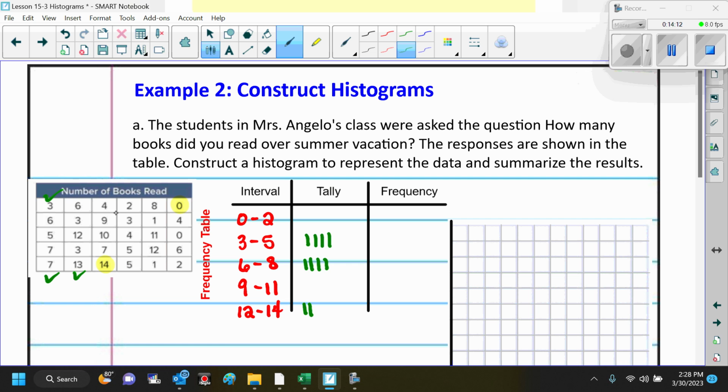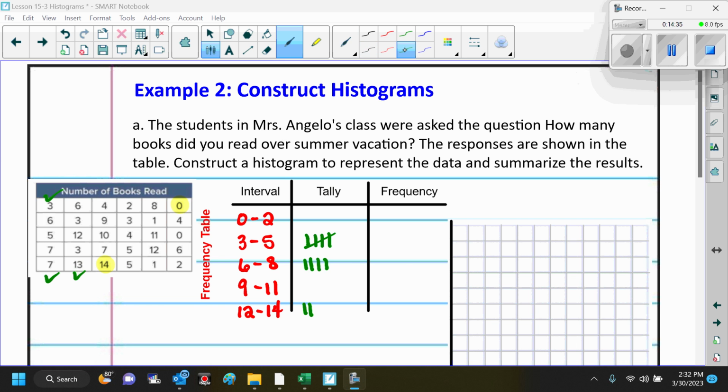Then we've got 4, 9, 10, 7, 14. So we've got 4. Now look at how we tally the 4, because this is 1, 2, 3, 4, and then there's another 4. So 5 numbers in there goes like this. You put a line across it like that. So now we can continue with 9, 10.